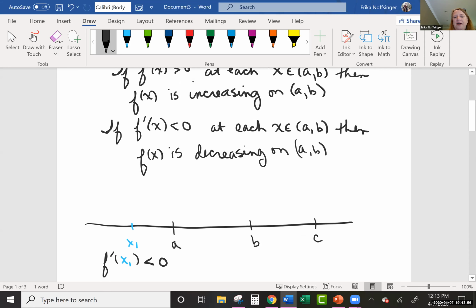That's telling me that my function on the left of A is a decreasing function.